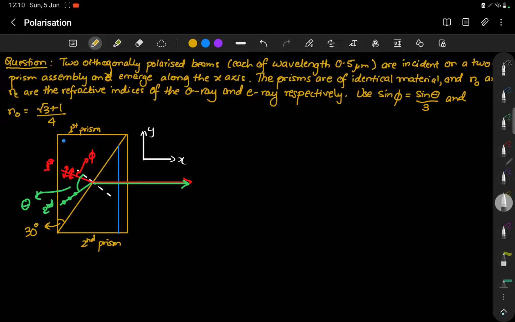The question has two parts. Find the value of theta and NE.